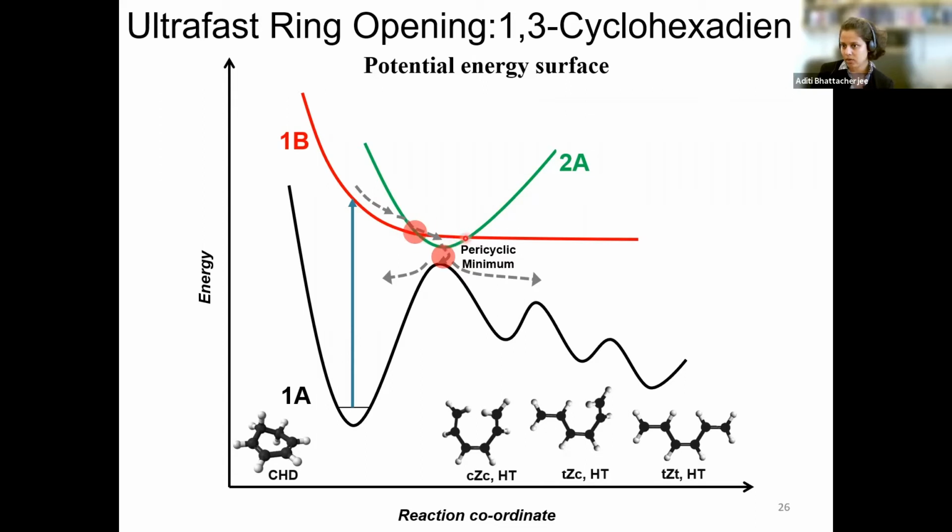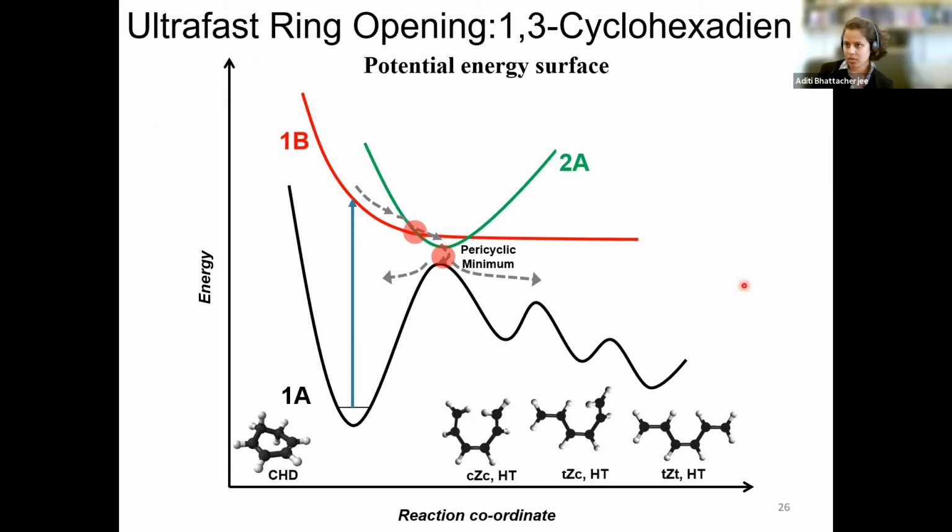And here it encounters an excited state minimum, the so-called pericyclic minimum. And as this wave packet bounces back and forth, it can bifurcate either into the ring closed form, cyclohexadiene, or the ring open form, hexatriene, both with very high levels of internal vibrational excitation.